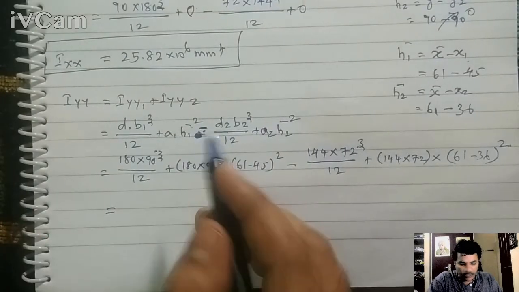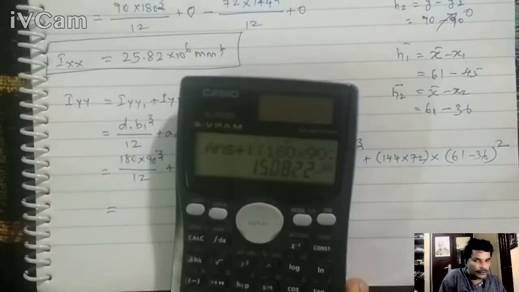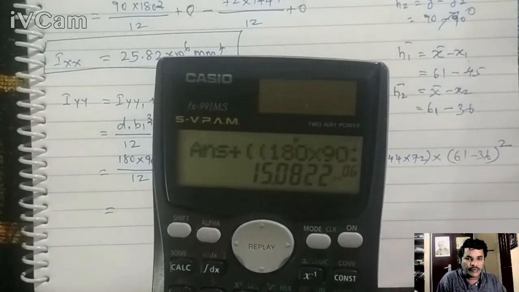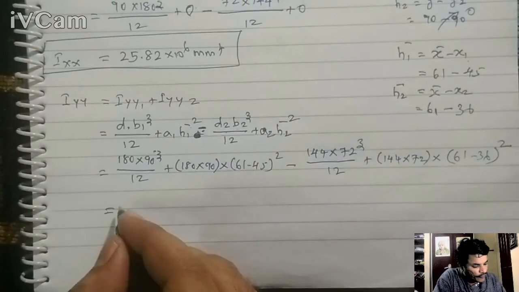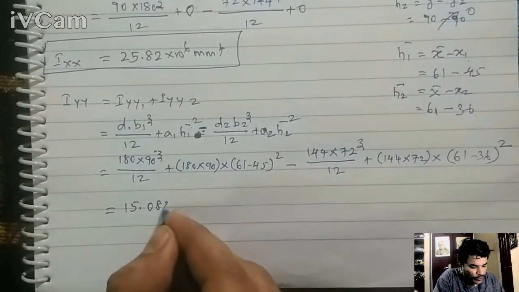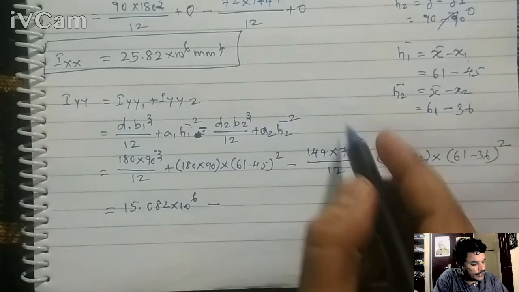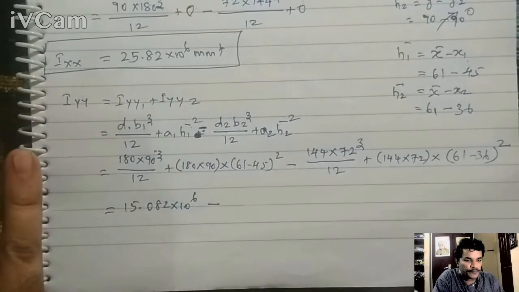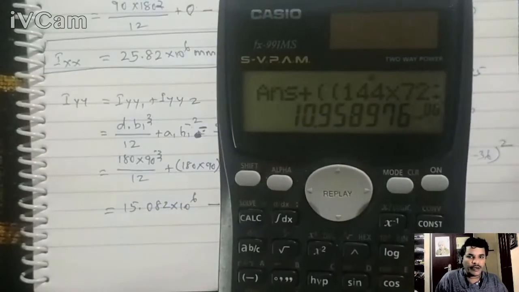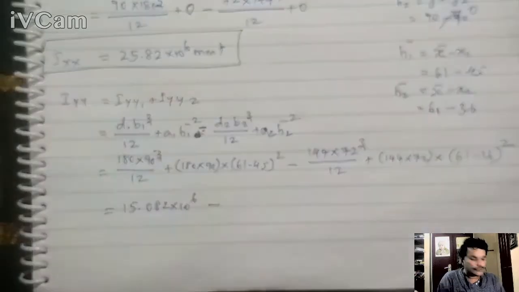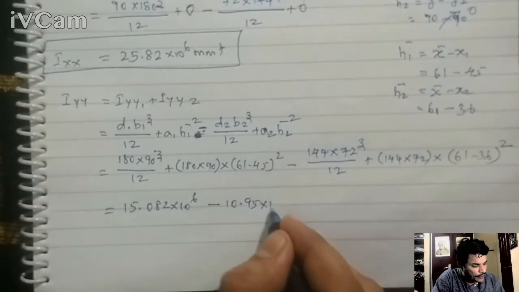So the outer box value is 15.082 into 10 power 6, minus the inner box value. This value comes to around 10.95 into 10 power 6.